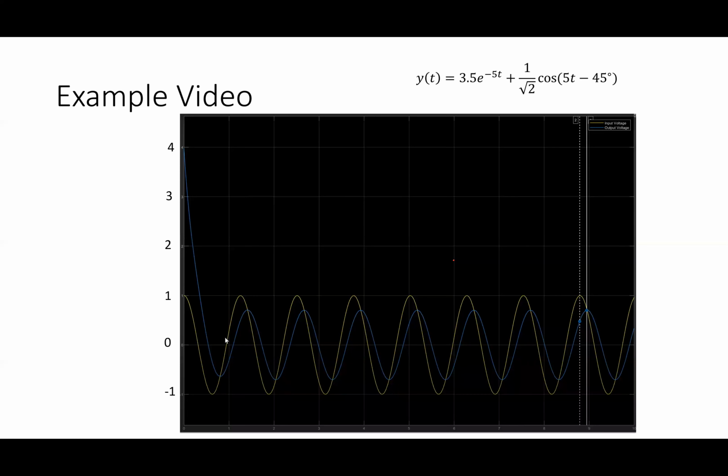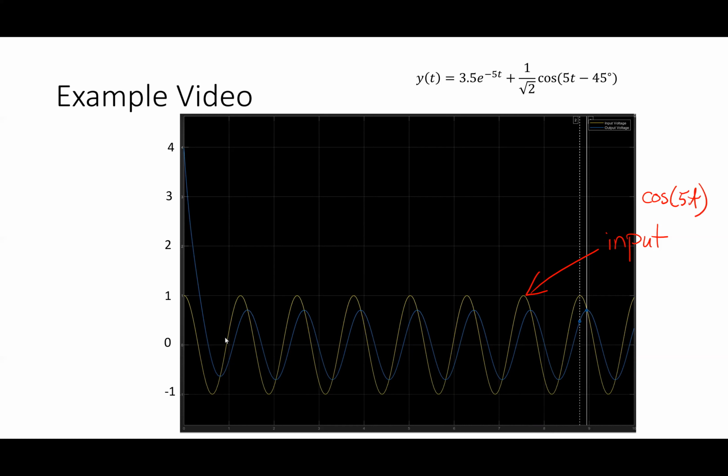So if I have this there in the video, I see it nicely on my screen, but it doesn't look as great on yours, right? Oh, okay. So the yellow here is the input, right? This guy is the cosine 5t.